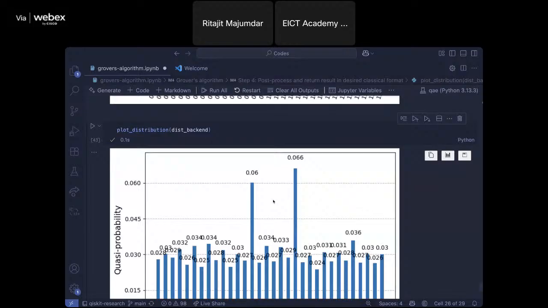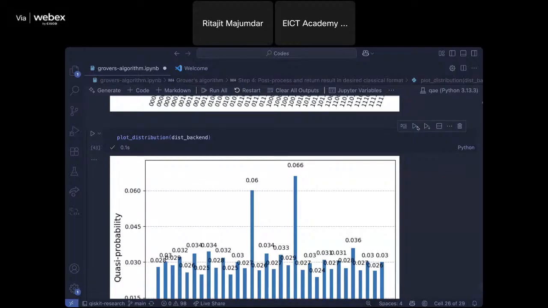Here, what we see is that these algorithms are not good enough to be executed on current quantum devices. Current quantum devices don't have error correction or fault tolerance. There is noise which you cannot account for. And even without going to a hardware, what we see here is this.